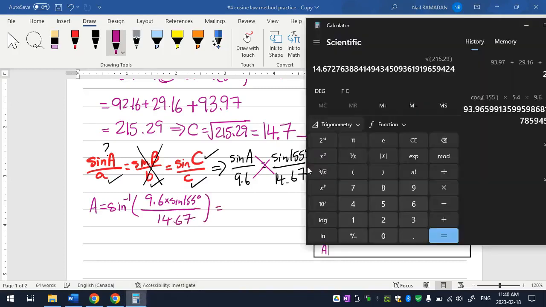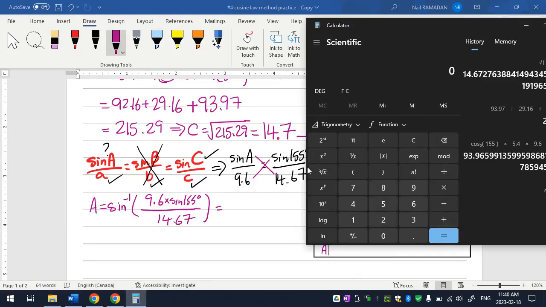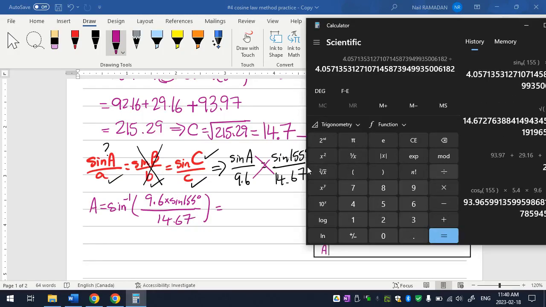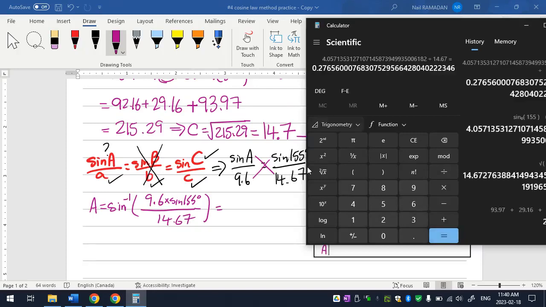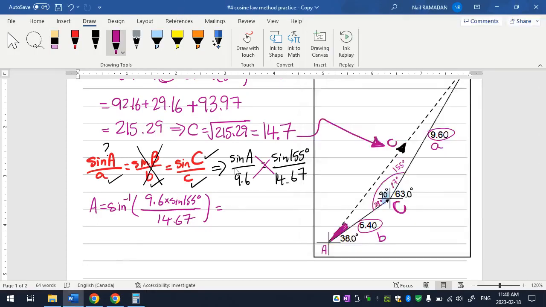So if I do this in one shot, right here, I will get 155 sine it times 9.6 divided by 14.67, and then you trig second inverse this with a sine, and you get 16.05 or 16.1. 16.1 degrees, which will be just this part right here, just this part.